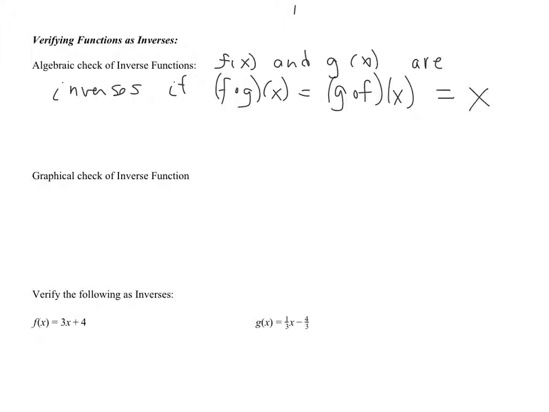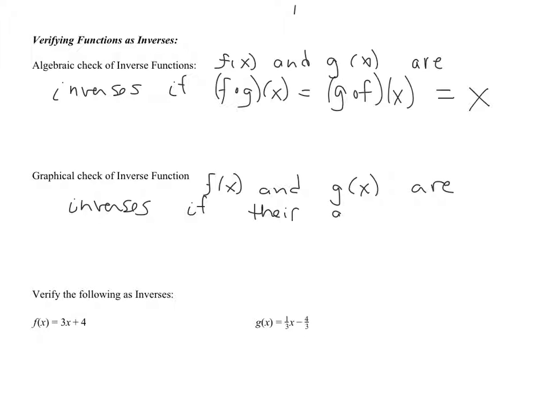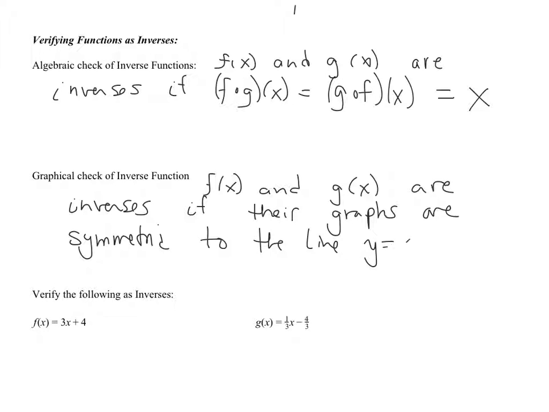The other way to check is a graphic check. We can say f of x and g of x are inverses if their graphs are symmetric to the line y equals x.